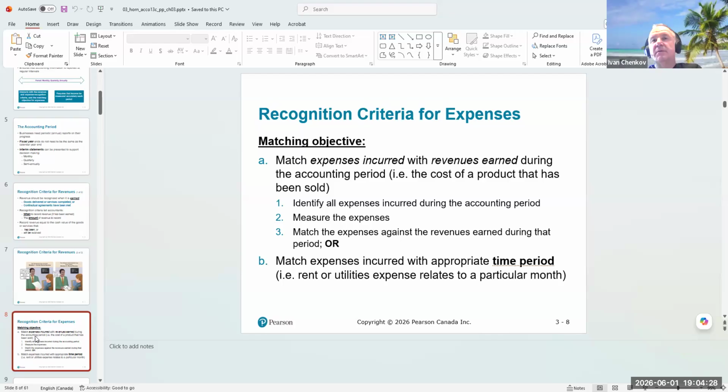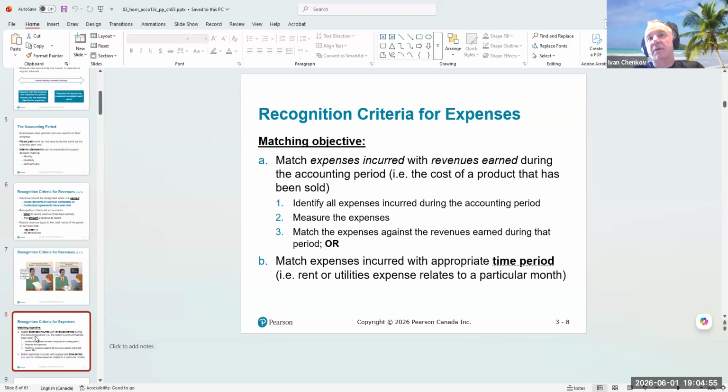How about the expenses? What are we going to do with the expenses? The tricky part with expenses is that we have to match them with the revenue. Why is that? Let's think about it. Let's open a merchandising business and start selling shirts.